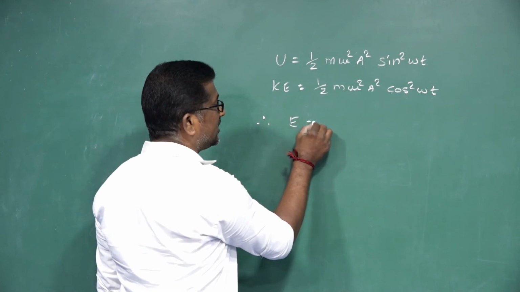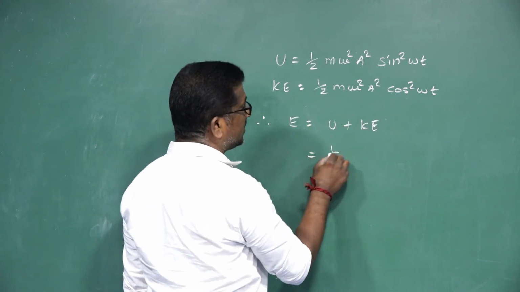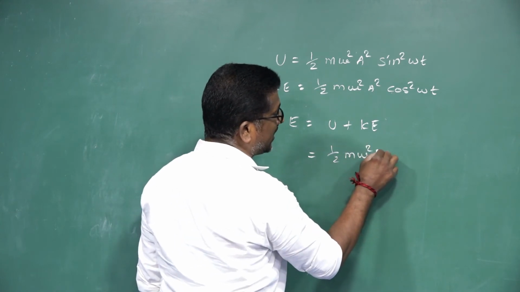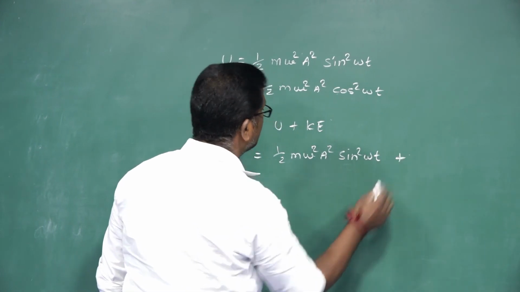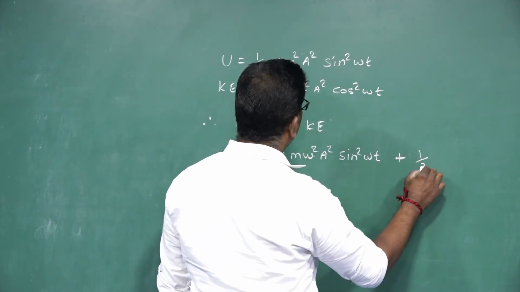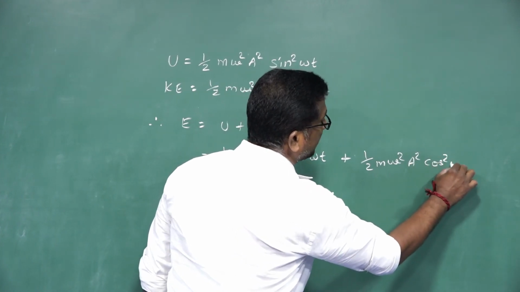Therefore, total energy is equal to potential energy plus kinetic energy: half m omega square a square sin square omega t plus half m omega square a square cos square omega t.